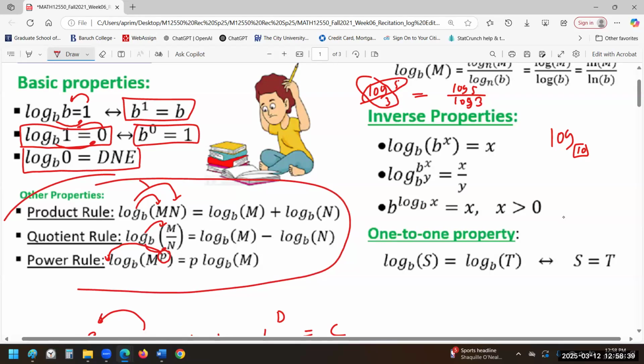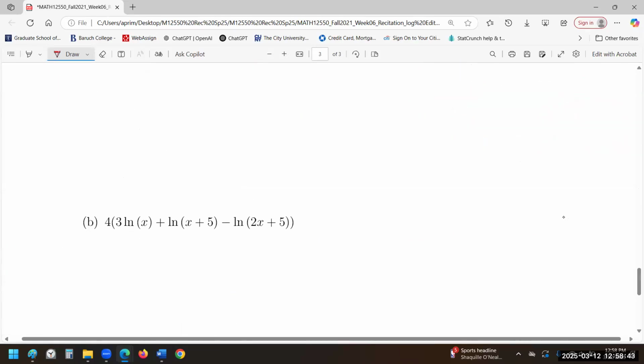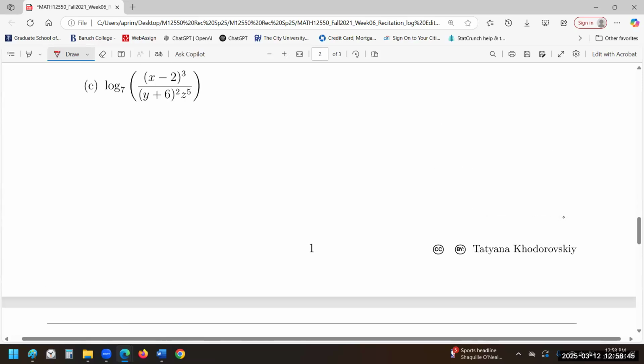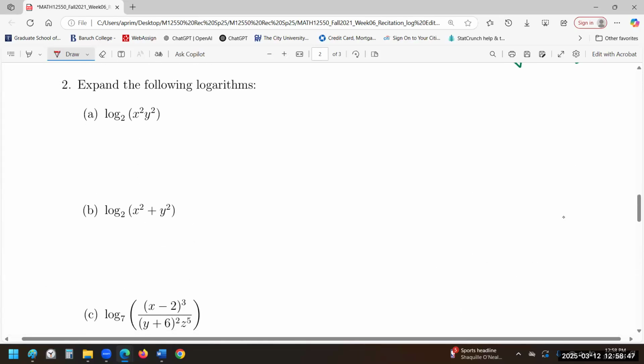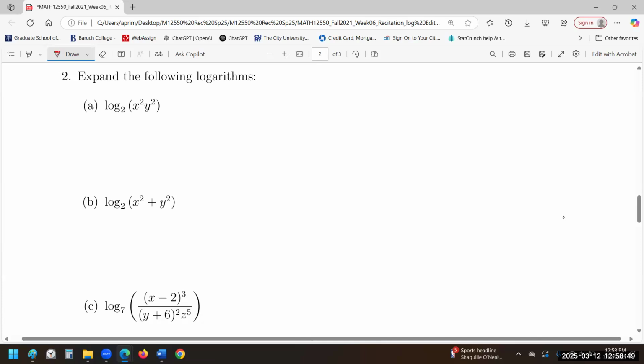We are going to use these properties to expand our log. B? B, right? Guess what? What's the answer for B? It's not expandable.